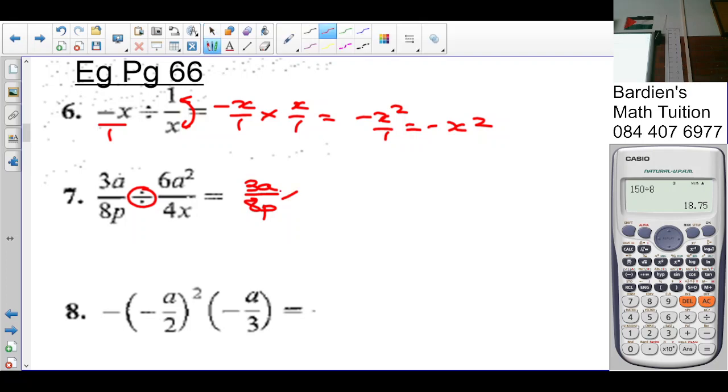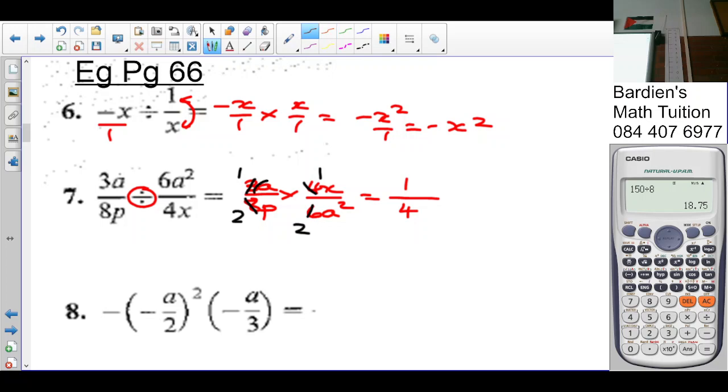So that becomes multiplication, 4x over 6a squared. One of two things: I can simplify before multiplying, which I normally do with the numbers only. So 3 goes into 3 once, 3 goes into 6 twice, 4 goes into 4 once, 4 goes into 8 twice. So 1 times 1 is 1 over 2 times 2. Now you could cancel and simplify your variables here as well if you like, but I don't.